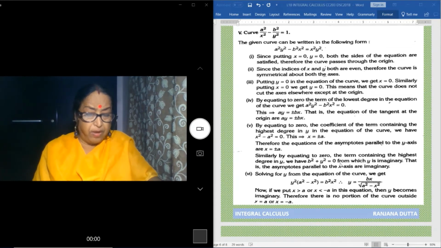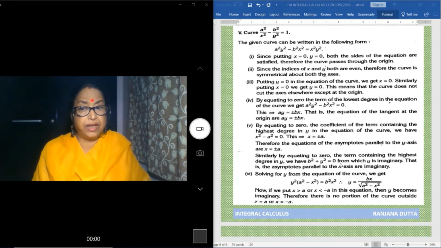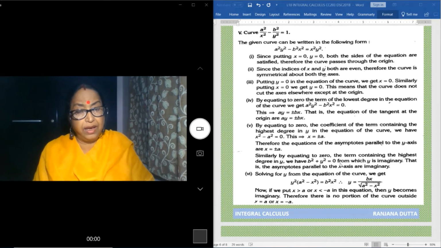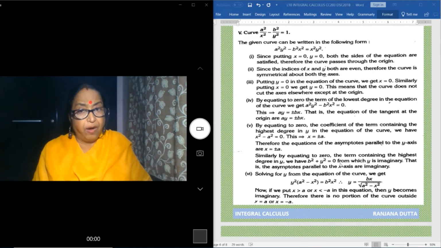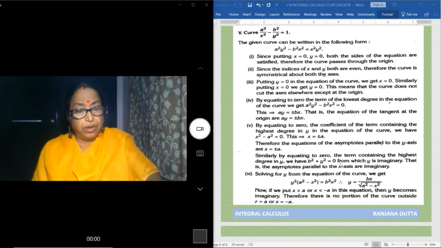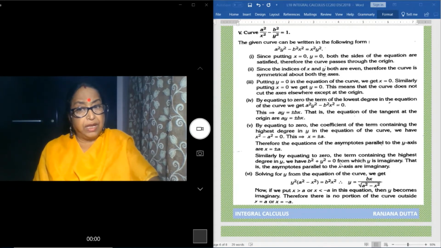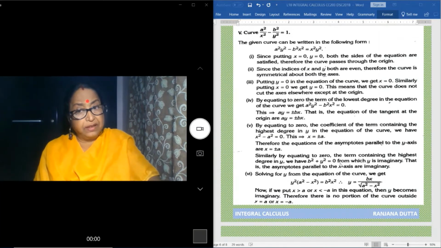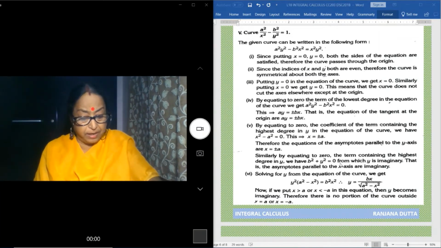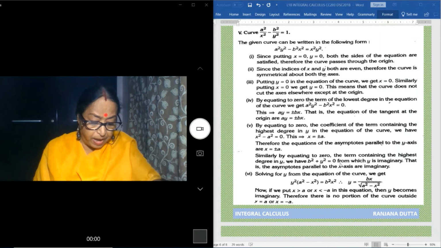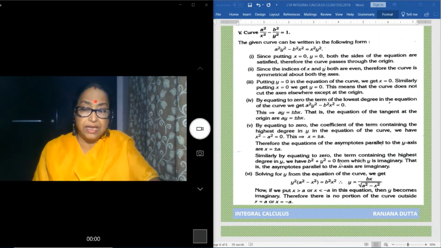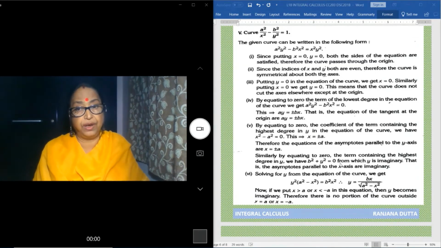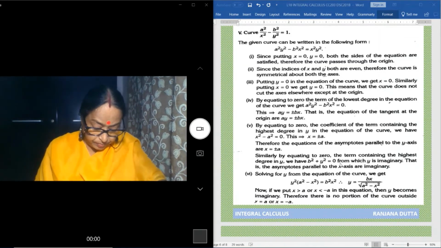But as the value of a and b changes, the inclination of the line changes. y equal to x is a line through the origin, and the inclination of the line is 45 degree, tan theta, where theta is equal to 45 degree. But here ay is equal to plus minus bx. As the value of a and b changes, the inclination of the line changes.